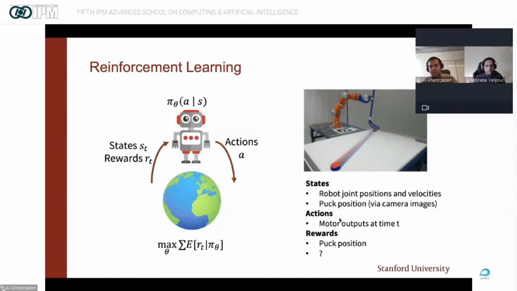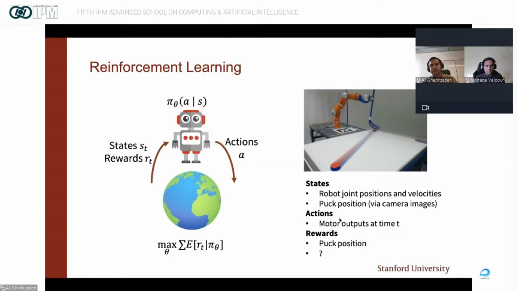Next is about actions. Here, we are typically interested in raw, low-level motor outputs at time t. So we have to find a sequence of motor actions. Our robot consists of 7 joints. Therefore, we have to decide on 7 values for 7 motors over, let's say, 2-3 seconds.